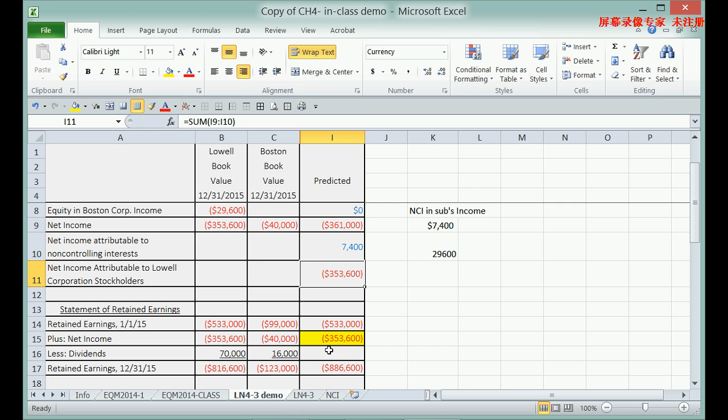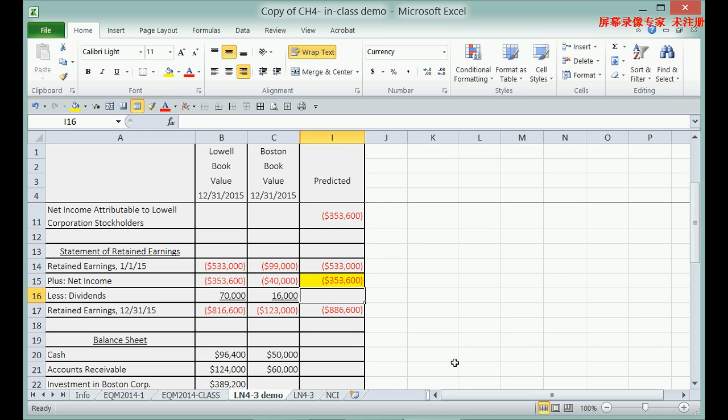So it's the net income of the parent we are adding to the statement of retained earnings. The dividend should be the parent's, because the subsidiary's dividend is paid internal to the entity. And retained earnings December 31st, 2015 should be the add-up of the above.